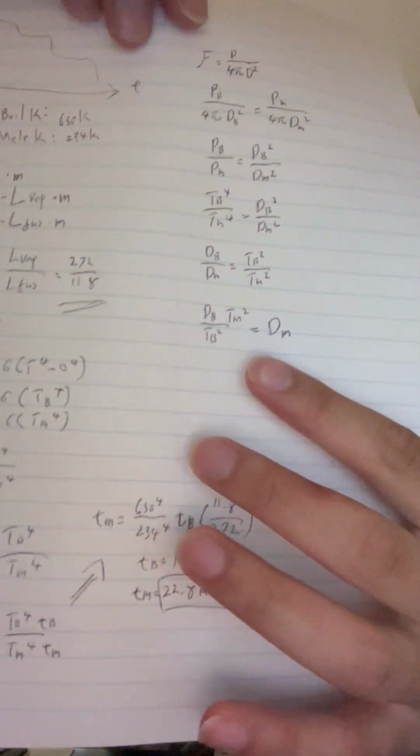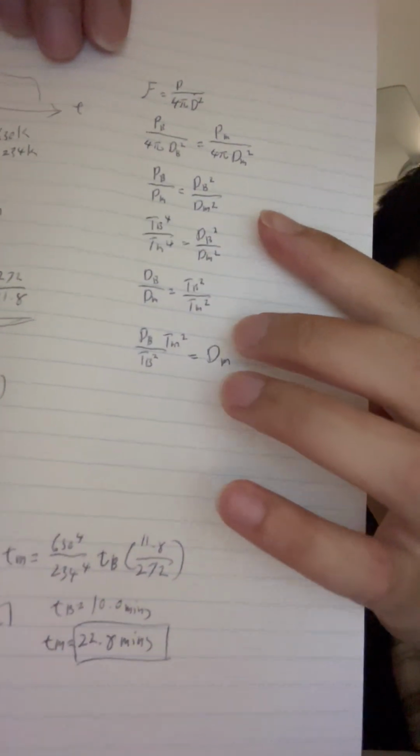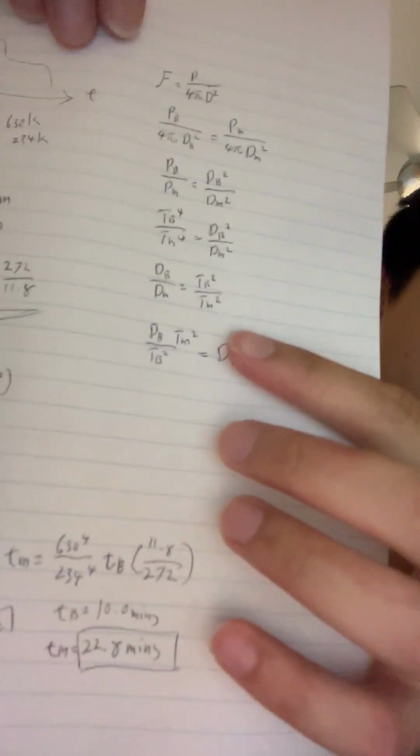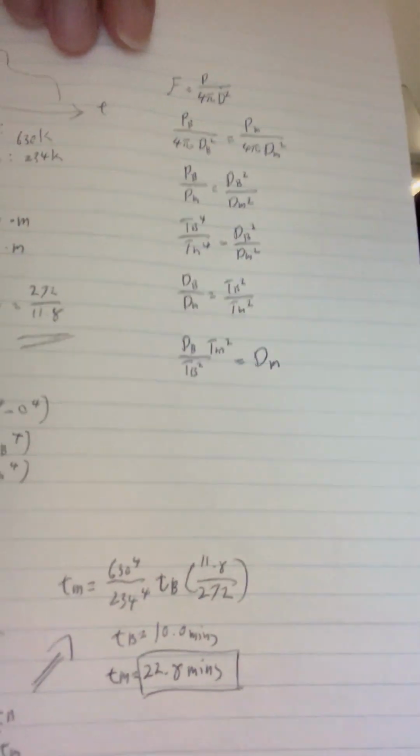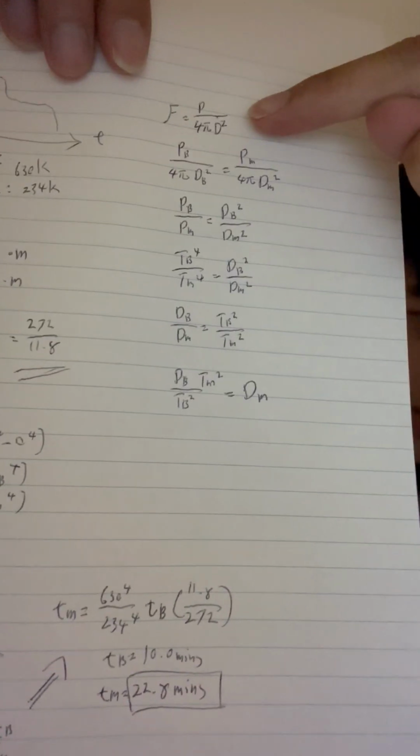Here's the function we're going to use, and here's how I derived it. Pretty simple as that. Some simple mathematical operations based on this equation for intensity. Now just plug and chug.